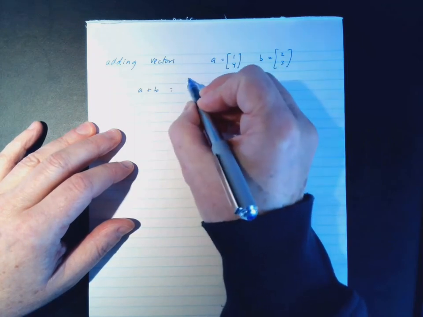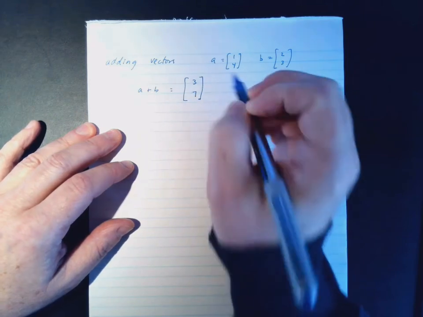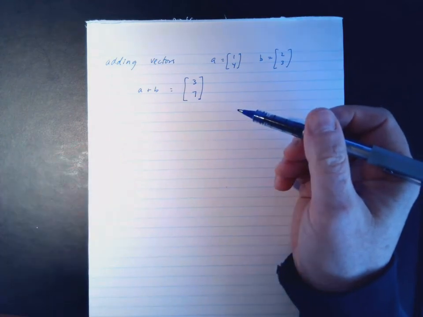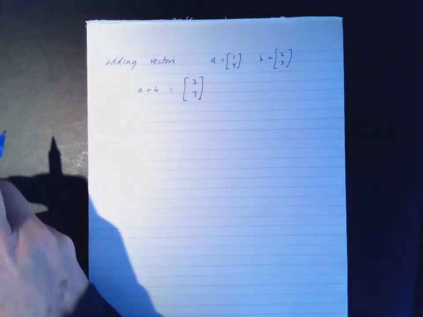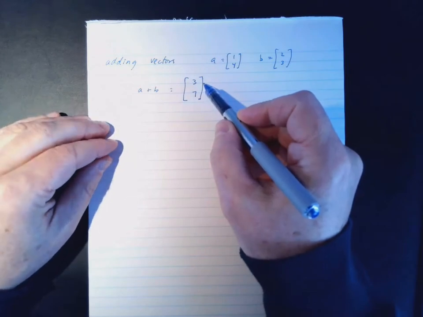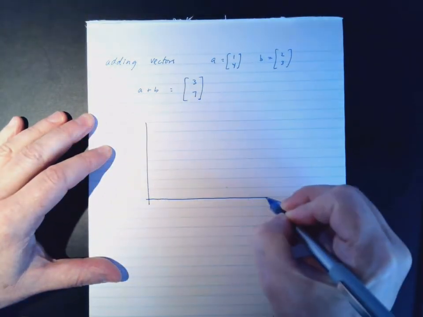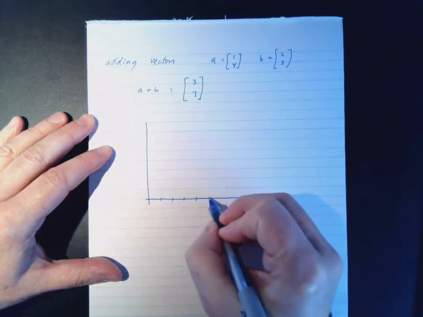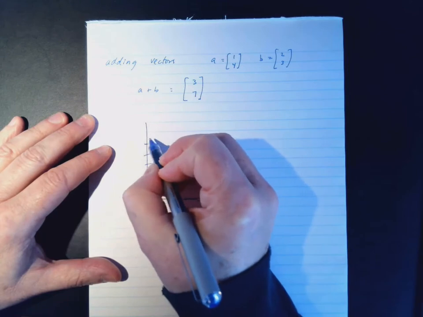So then we would have another vector now. 1 plus 2 is 3, and 4 plus 3 is 7. So if we have a graph, well, actually, yeah, I think I will draw it just to complete the picture here. So we have 1, 2, 3, 4, 5, and we have 1, 2, 3, 4, 5, 6, 7.